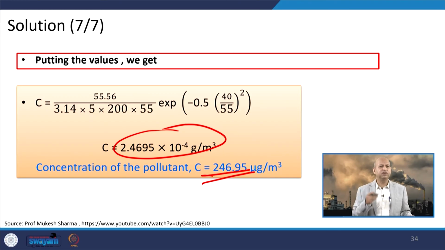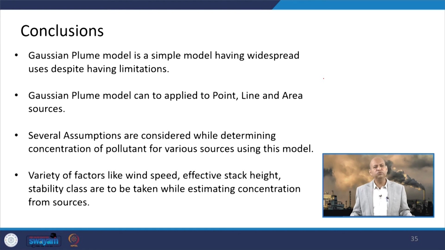So, this is the application of area source converting into virtual point source and calculating using the point source Gaussian dispersion modeling approach. So, in conclusion, we can say that the Gaussian Plume model is a very simple model. It has a lot of assumptions, although, but for policy makers it is a quick calculation approach basically, and it is used widespread. It is very popular, despite so many limitations and assumptions.